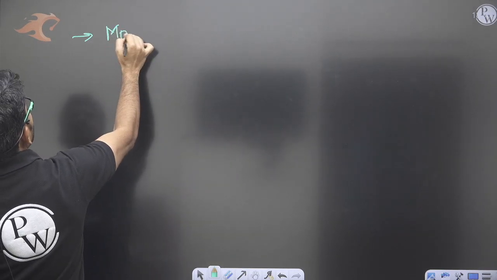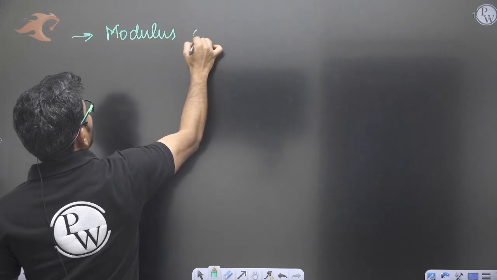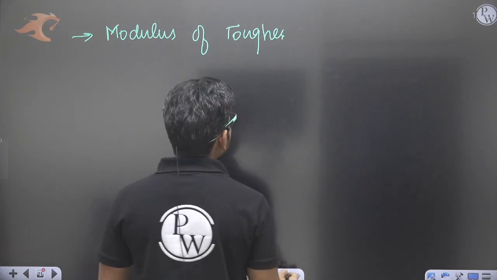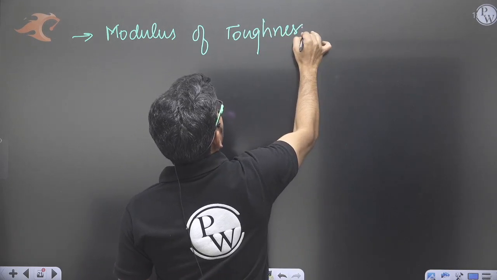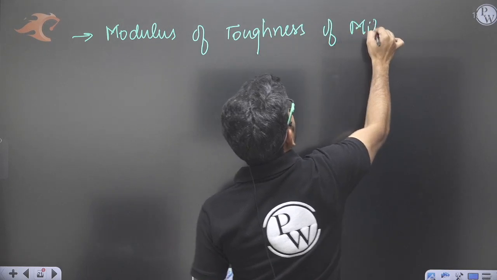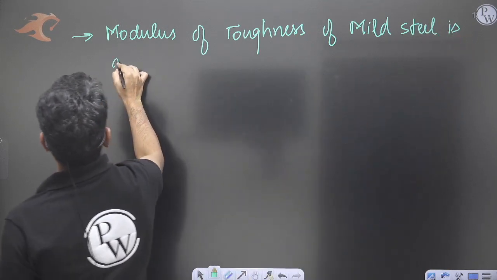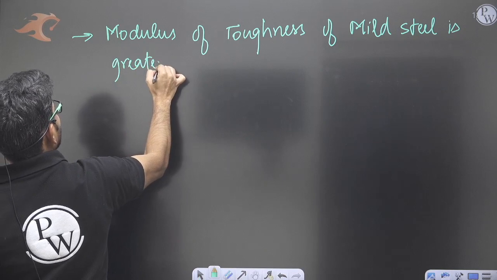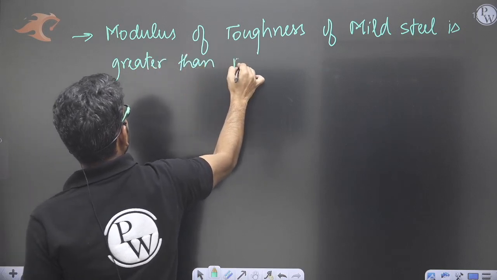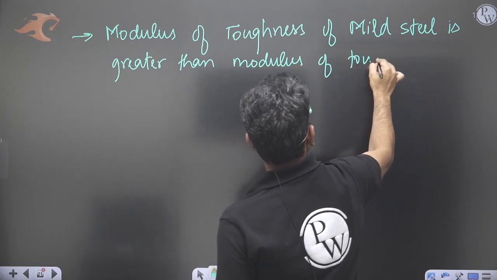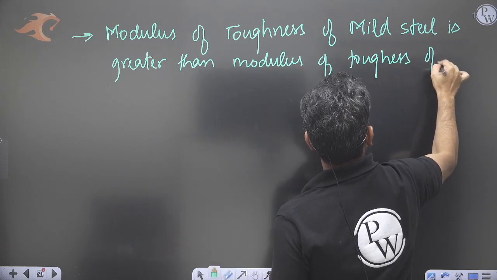So write down this point: modulus of toughness of mild steel is greater than modulus of toughness of high strength steel.